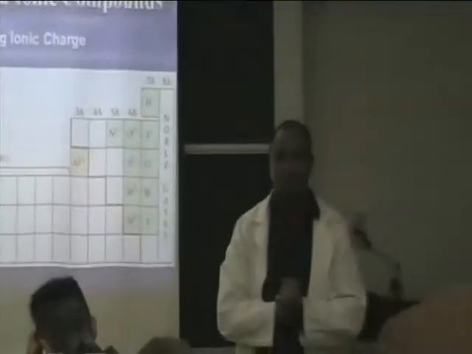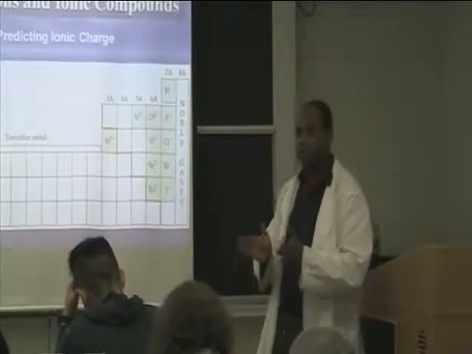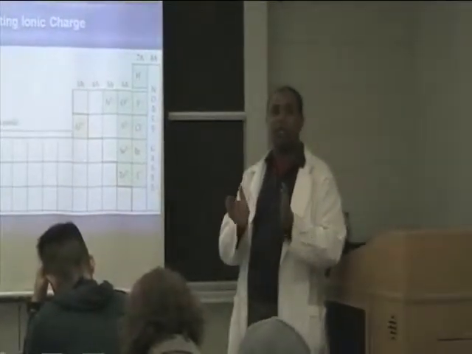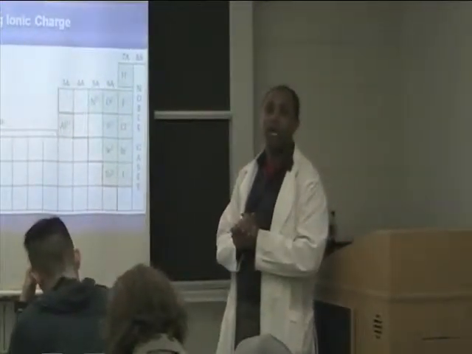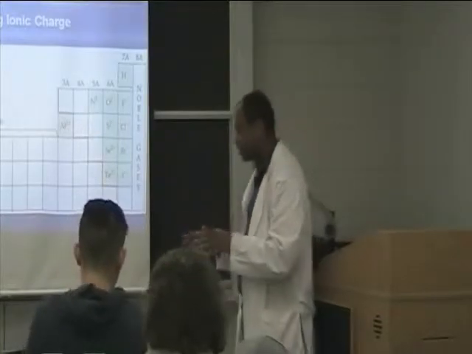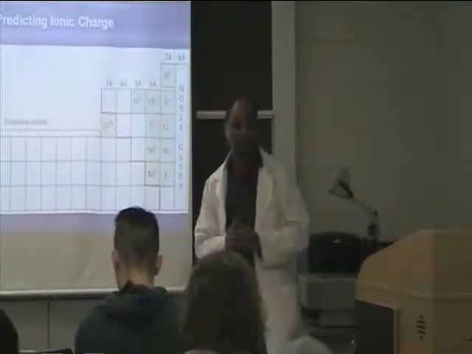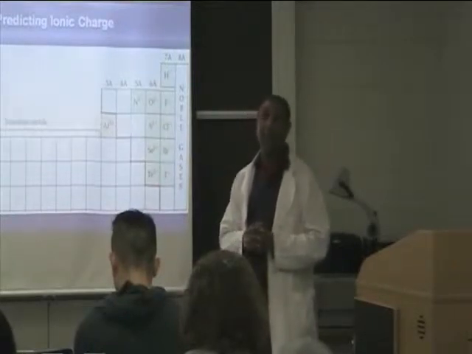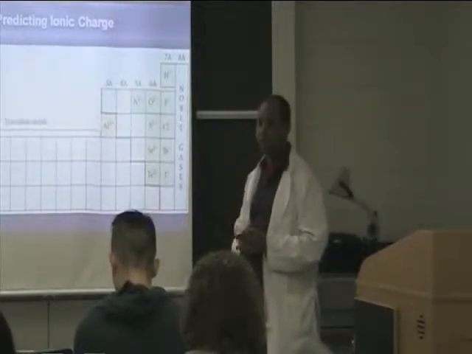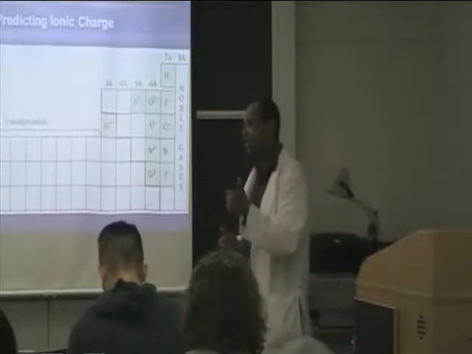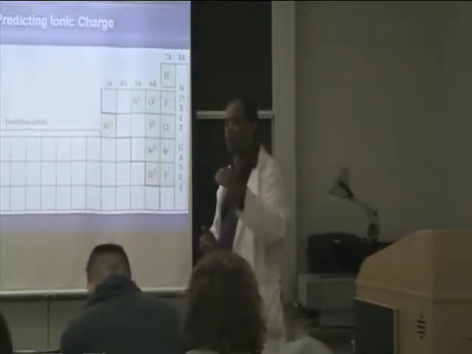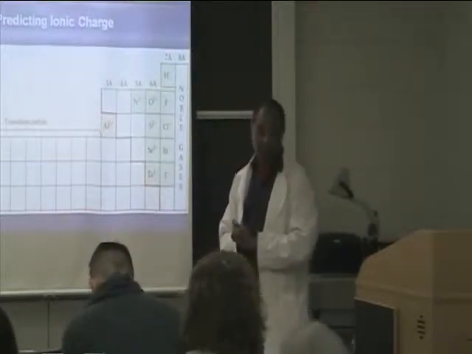Okay? A charge other than +1. So that is called a monoatomic ion. There is a difference between monoatomic ions and polyatomic ions. A monoatomic ion means it's an ion that has only one fixed charge, in other words.